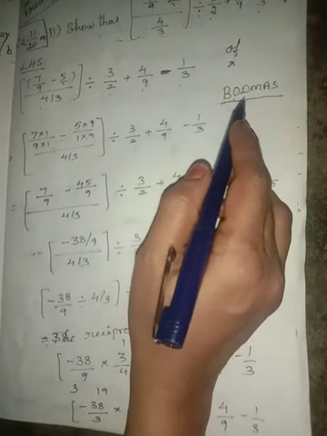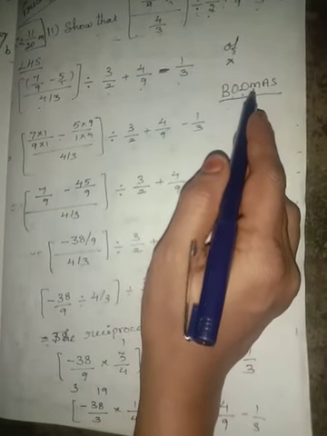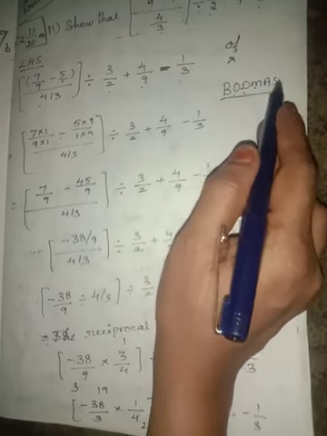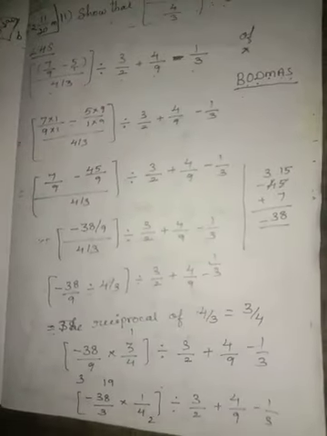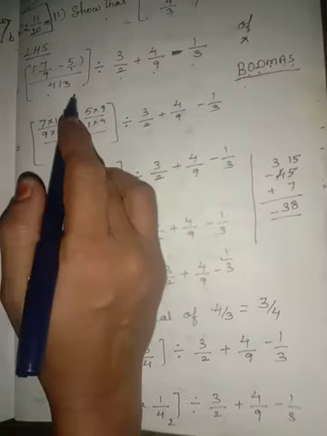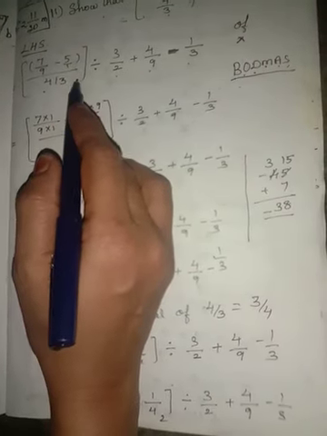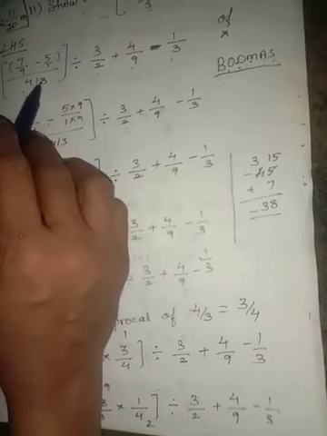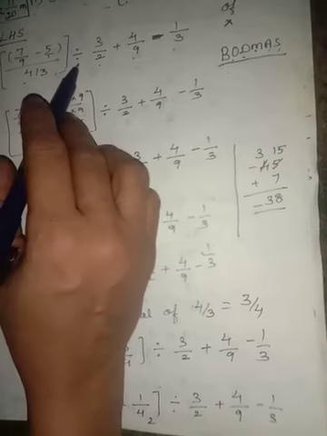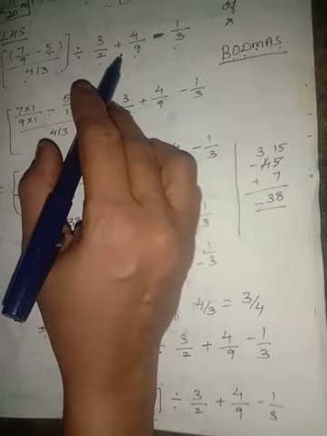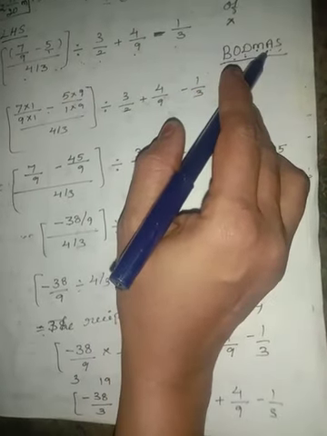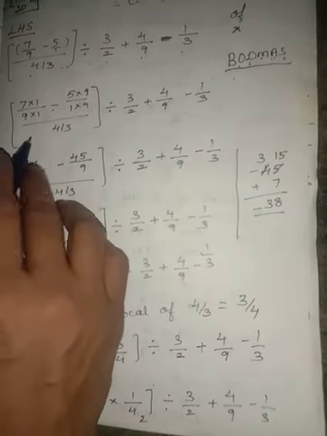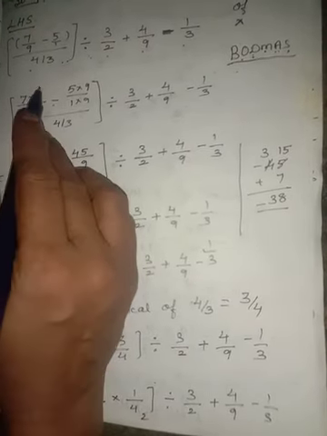Then division, M is multiplication, A is addition, and S is subtraction. This is the order in which we solve the sums. In this case we have brackets first, then division, addition, and then subtraction. So let's solve the brackets.